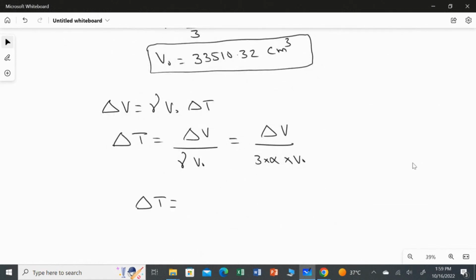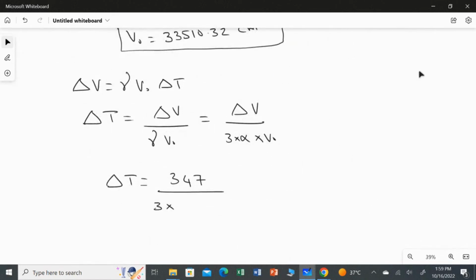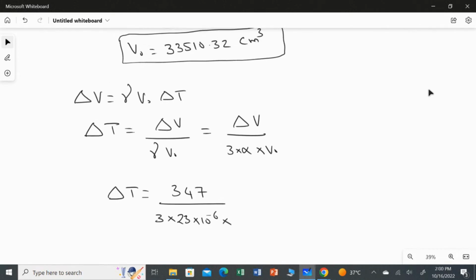Delta T is equal to 347 divided by 3 times, what's the value of alpha? The value of alpha, that means the linear expansion coefficient of aluminum. Clear? Which is 23 multiplied by 10 to the power of minus 6, multiplied by, what is our initial volume? Our initial volume is 33510.32.